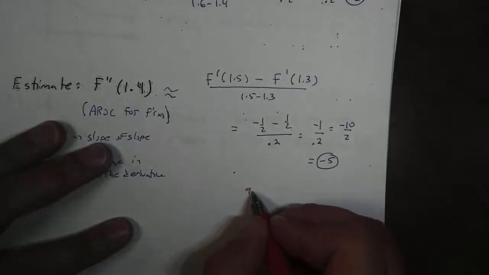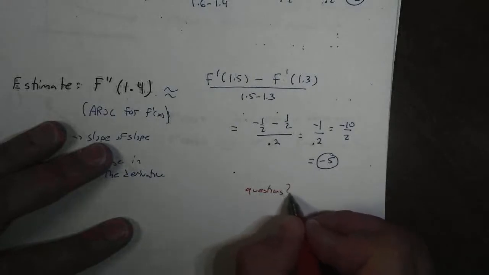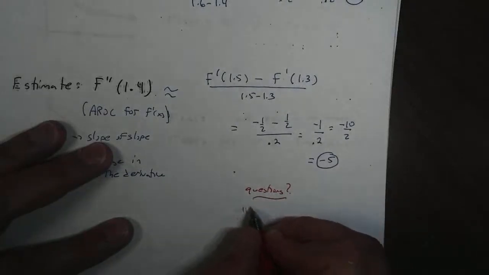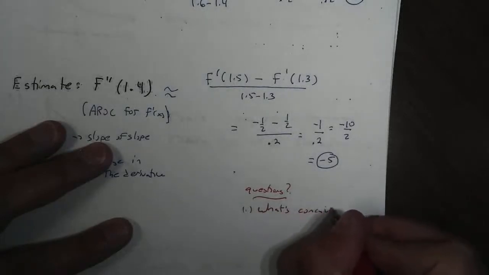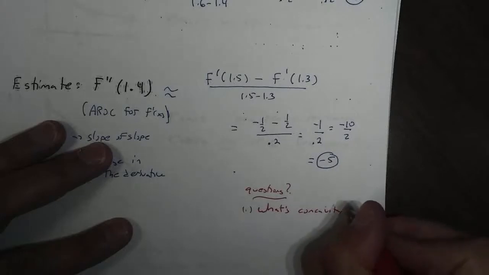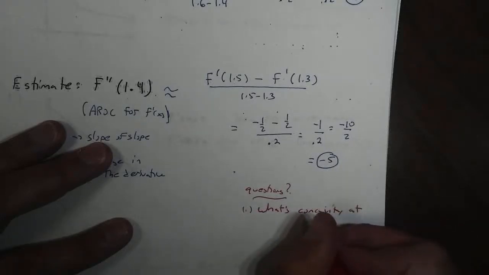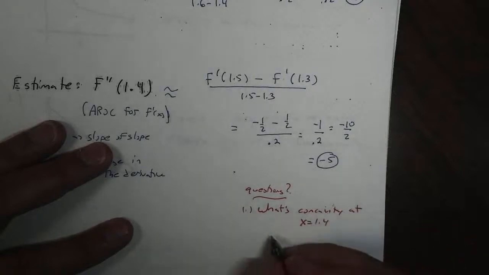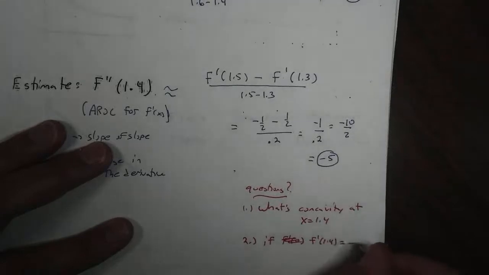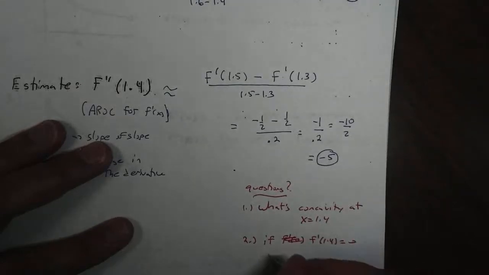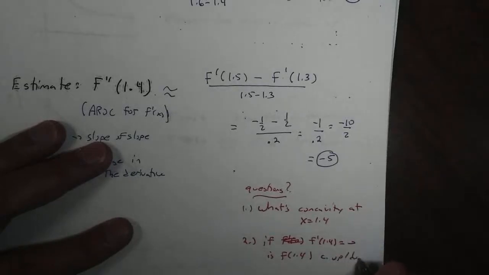Now, other questions we could ask on this, okay? These are good things to know for a test with the AP. One, what's the concavity? Is it concave up or concave down at x equals 1.4? 2, I could ask if f prime of 1.4 is 0, is f of 1.4 concave up or down?